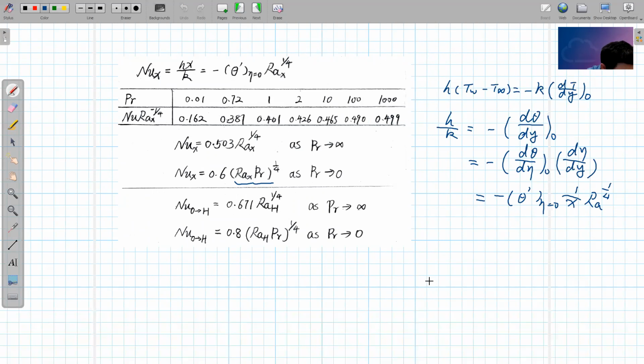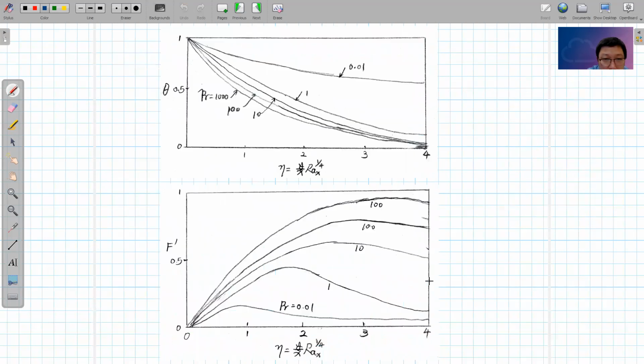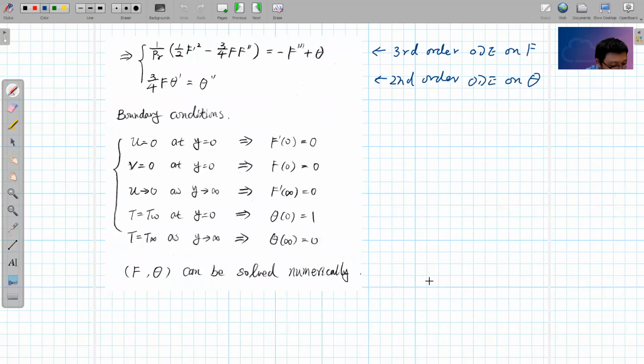Okay, and again, the last topic we want to cover is to go back and look at this boundary condition. T equal to TW at y equal to 0. What does this mean? Again, similar to the integral solution, the solution we get here is only for TW equal to constant.